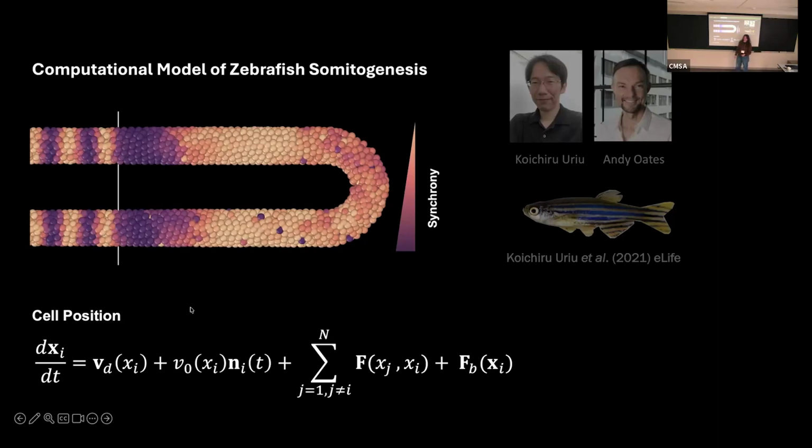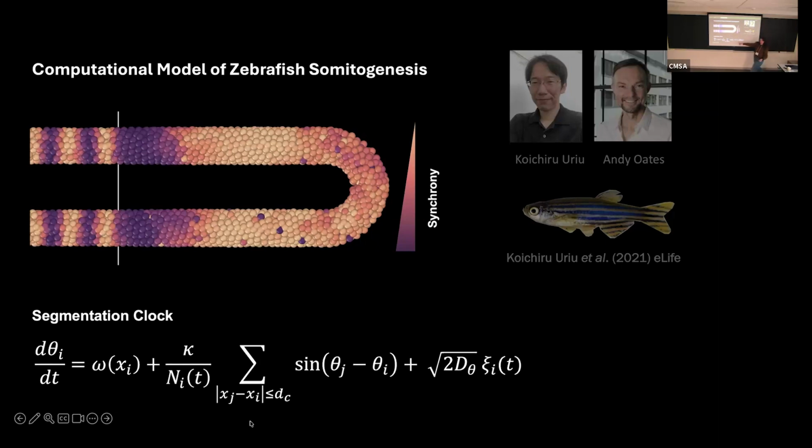In the equation, you also have an omega, which is a function of location. Yes. So we just put in a linear gradient in the phase. Linear gradient, because in zebrafish they've seen this.